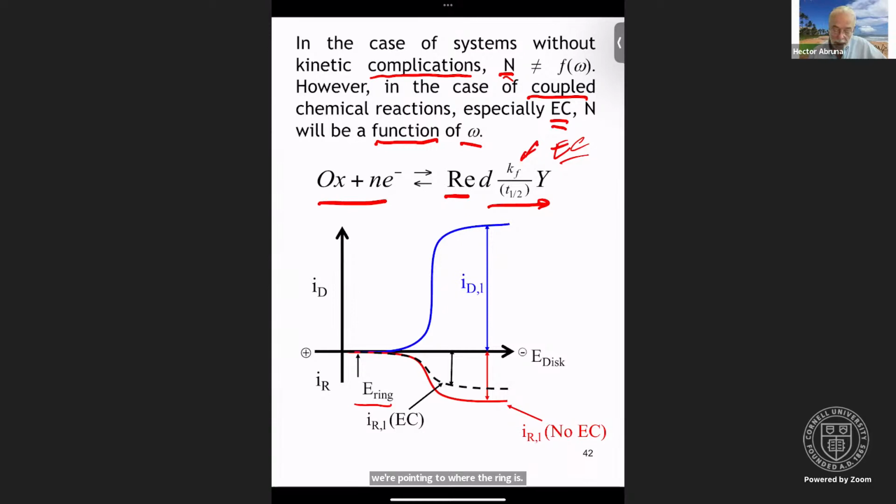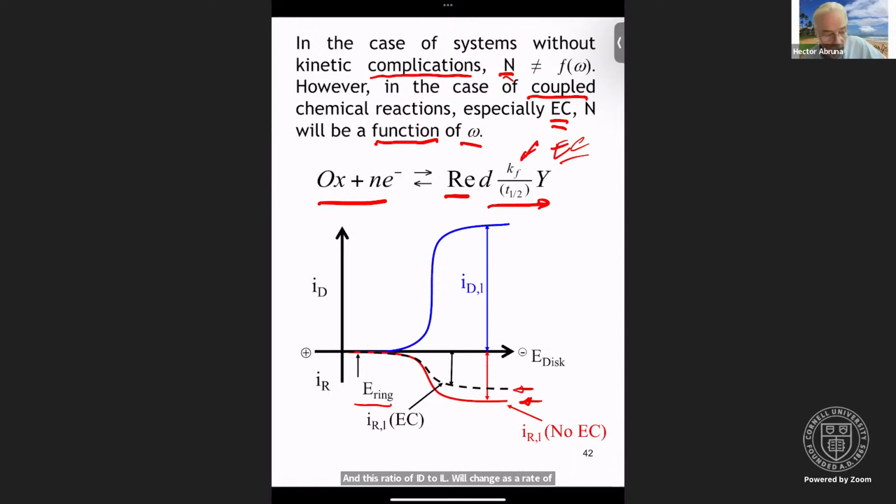If there's an EC type process, we will see that the ring current will decrease, it will be lower than for the case of no EC, because we're basically consuming some of the red that would otherwise be redox active at the ring. And this ratio of ID to IL will change as the rate of rotation changes.